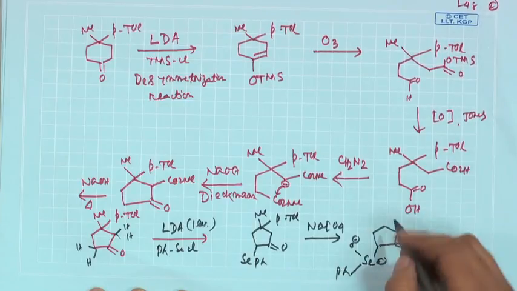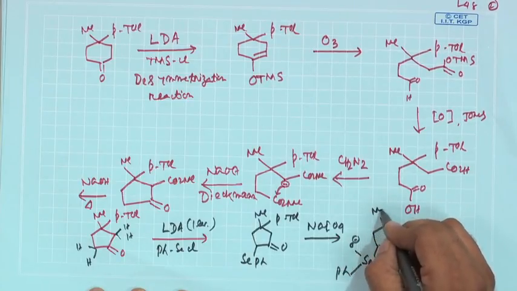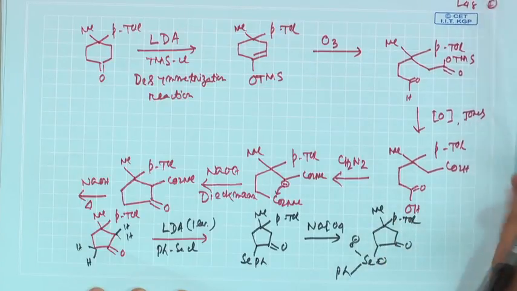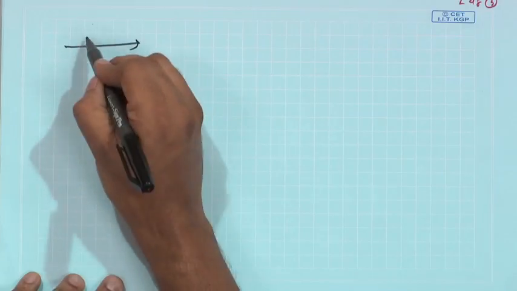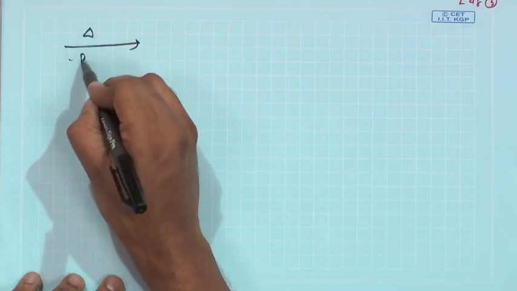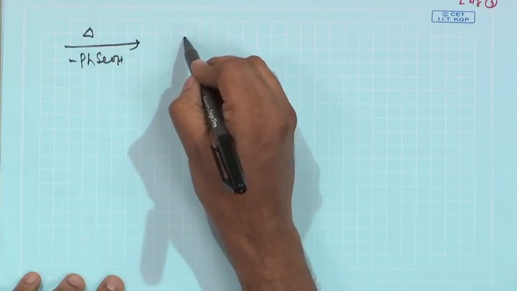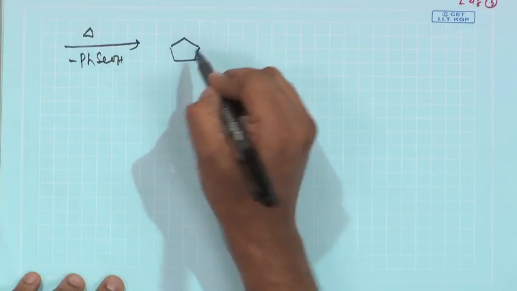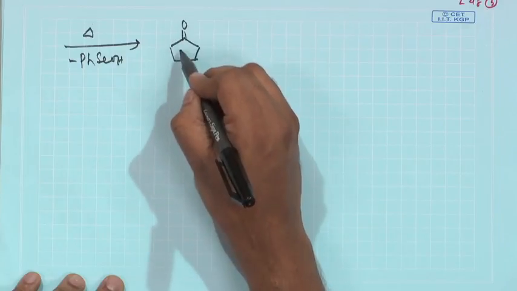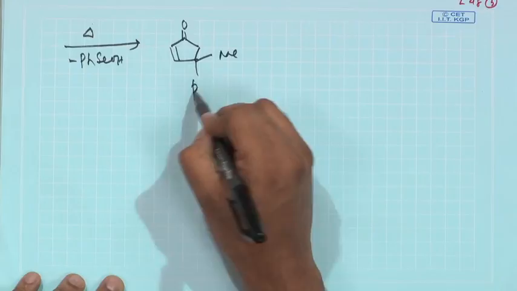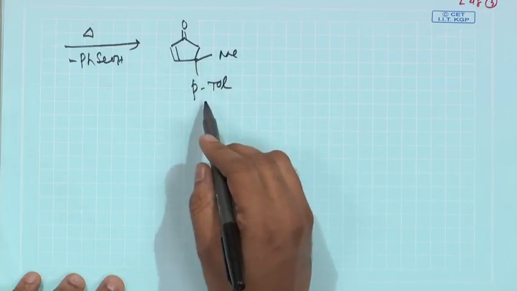Now, selenoxide elimination, as we discussed earlier, will now take place, and by heating you will get a phenyl selenic acid, and then you basically get this alpha beta unsaturated ketone as the product.